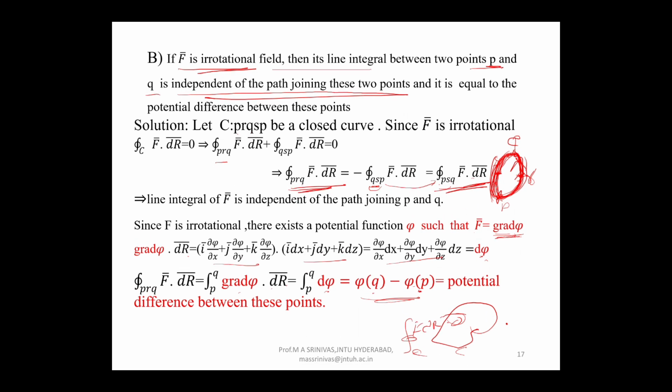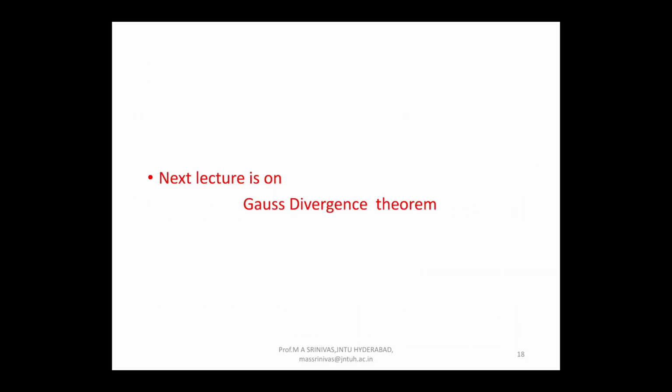So with this, I am finishing my present lecture. The next lecture will be on the Gauss divergence theorem. Prior to the Gauss divergence theorem, I'll start with problems on this last topic. That is, if f bar is irrotational, what is its potential function?